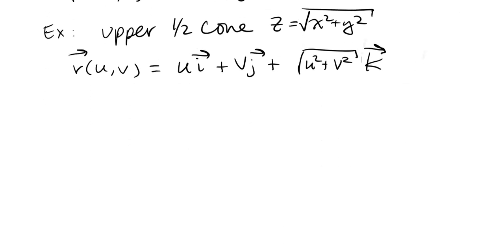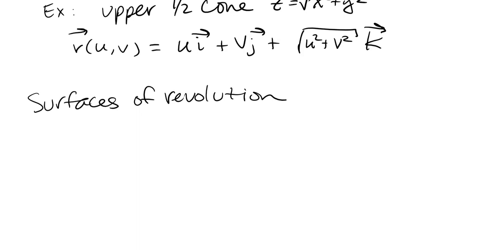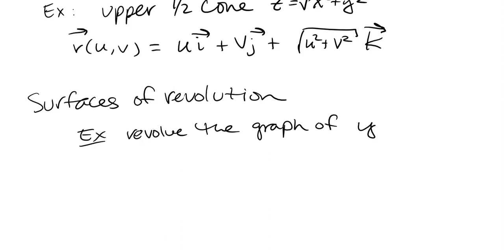The next thing I want to look at, though, is a slightly more interesting case besides just simply looking at functions, which is to look at surfaces of revolution. So this is the idea where you take a curve, so let's say revolve the graph of maybe y equals f of x about the x-axis.